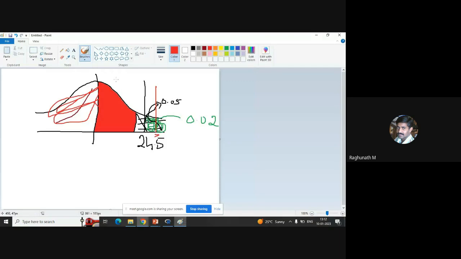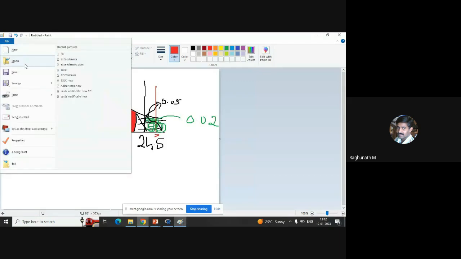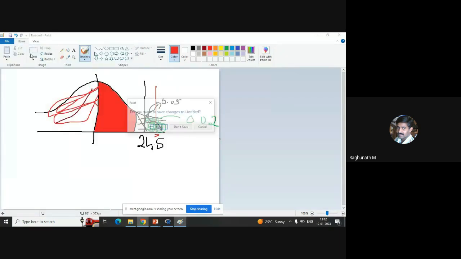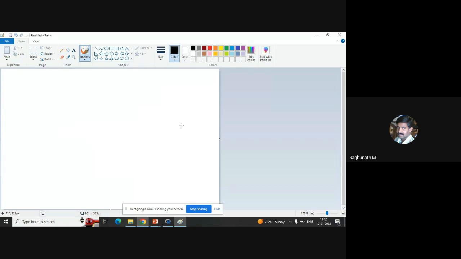Actually I prepared the slide, but I am not getting that one. So whenever we are in a queue, yesterday we generated some random observations. Actually, whenever we generate random observations, we call them pseudo random numbers.